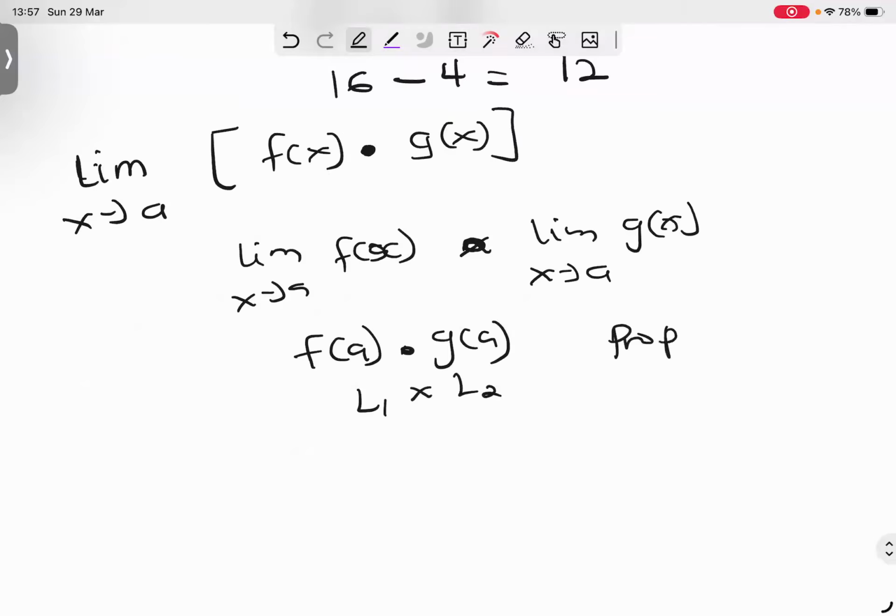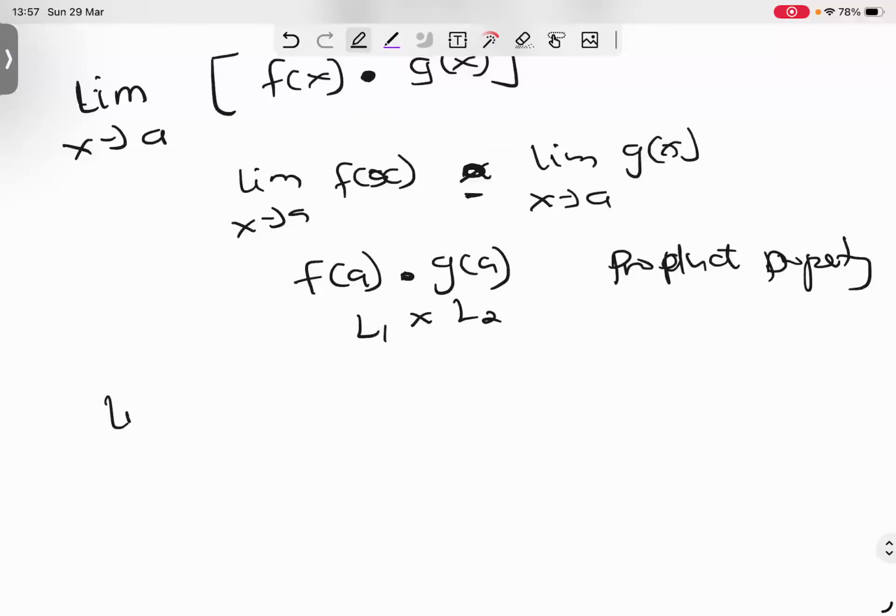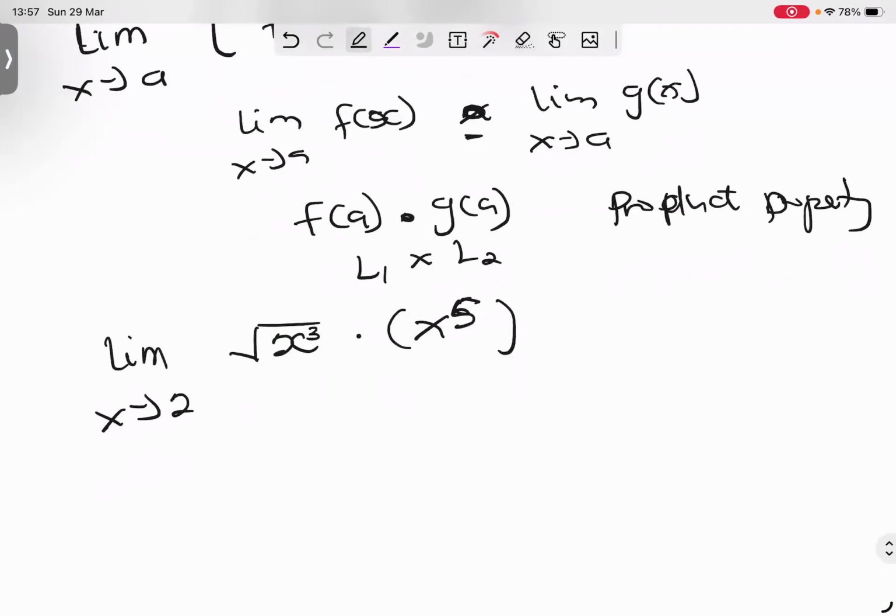This is known as the product rule or the product property because the operator between them is the product operator. Let's look at an example of this. Limit as x approaches 2 of square root of x cubed times x raised to the power 5.